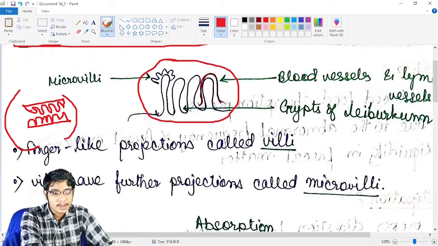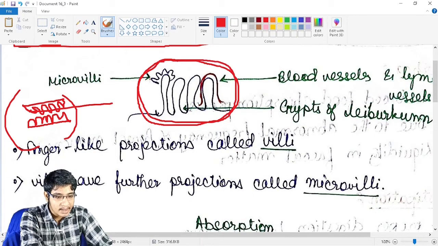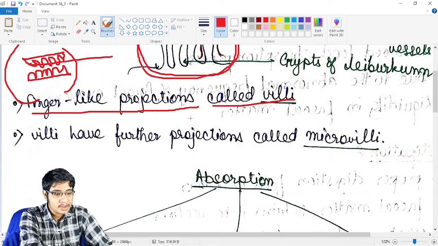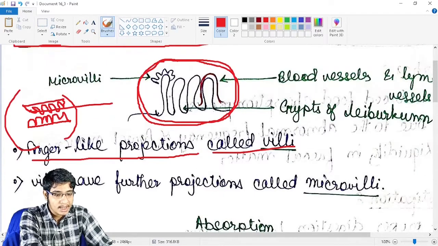There are some finger-like projections which are known as villi. These villi are the finger-like projections on the wall of small intestine. What is the use of these villi? These villi increase the surface area for absorption.